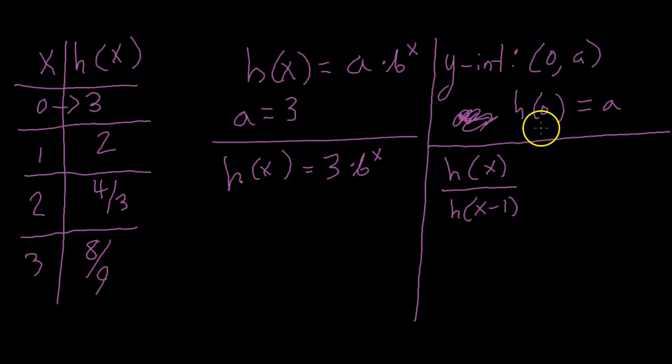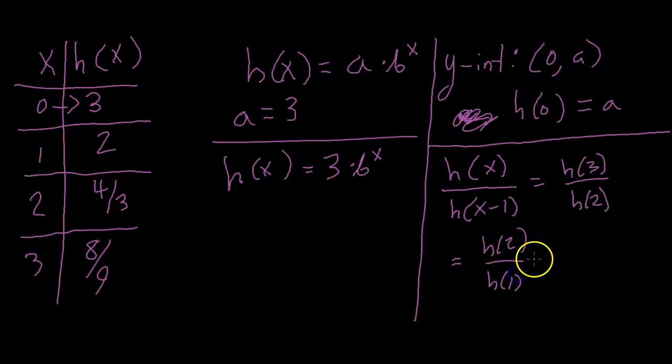To make that more understandable, we can take, for example, h of 3 and divide by h of 2. Or we can take h of 2 and divide by h of 1. Or we can take h of 1 and divide by h of 0. In any case, that's always going to equal your common ratio b.